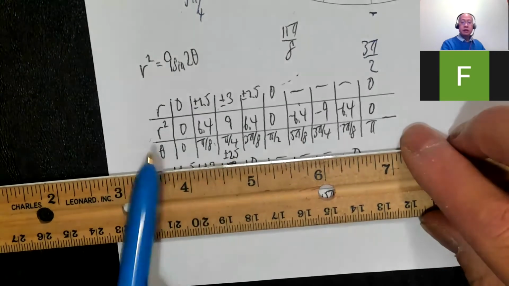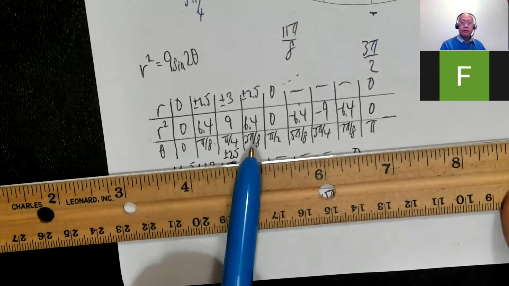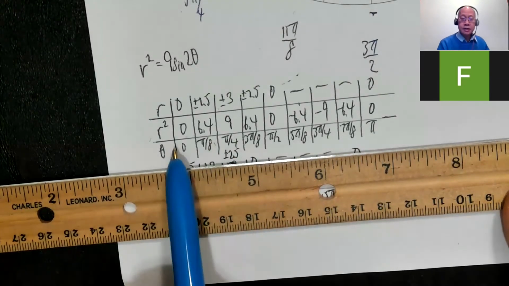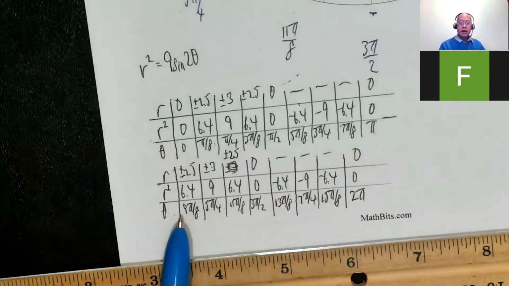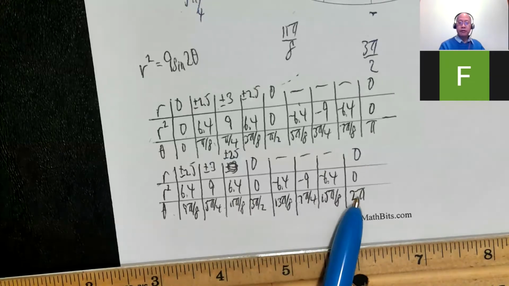I make my table like so: 0, and count by pi over 8, 2 pi over 8, 3 pi over 8, 4, 5, 6, 7, 8 pi over 8, and reduce as necessary, like 8 pi over 8 is pi, and keep going, 9 pi over 8, 10 pi over 8, 11, 12, 13, 14, 15, 16 pi over 8.